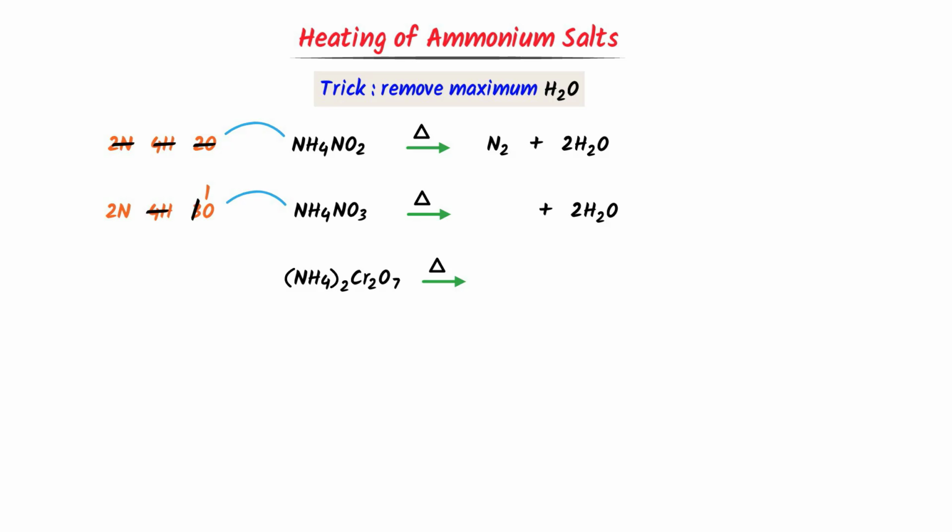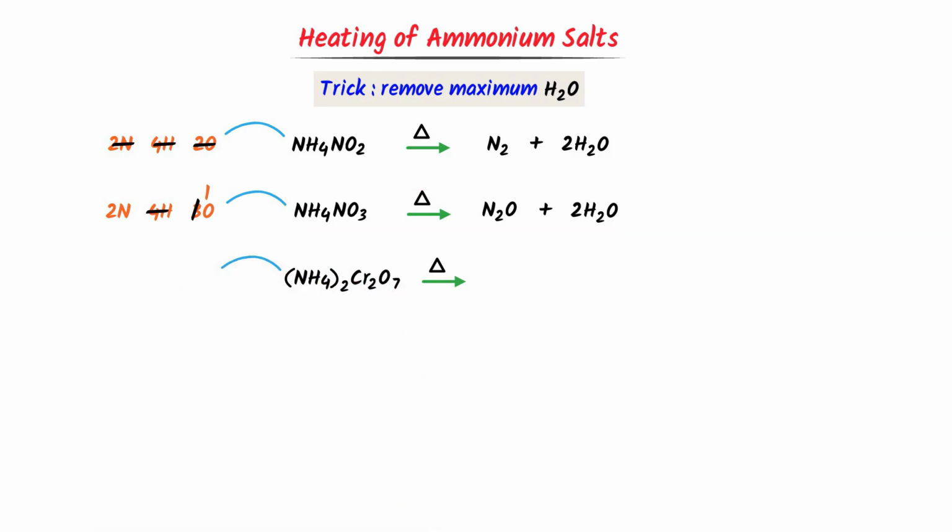Here there are 2 nitrogen atoms and this 1 atom of oxygen combined together to form N2O or nitrous oxide gas. Thus the products of heating ammonium nitrate are nitrous oxide gas and 2 molecules of water.